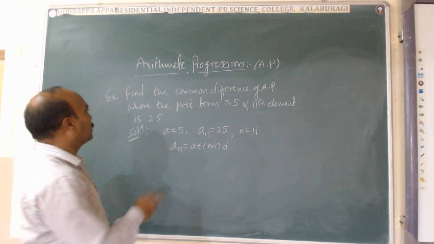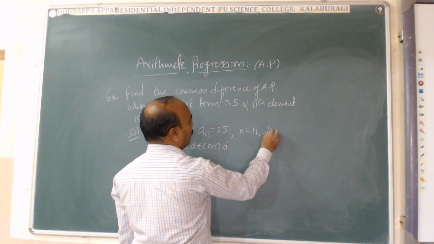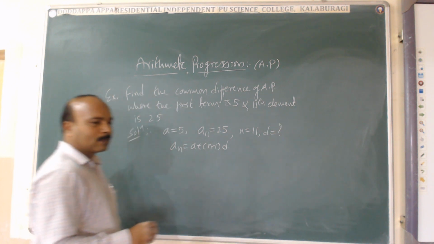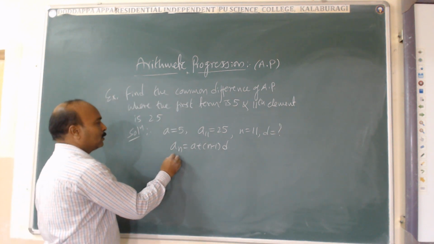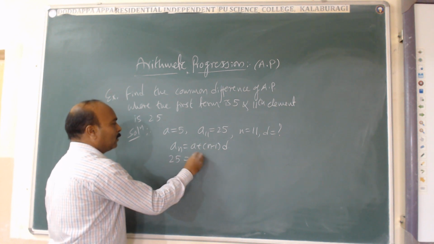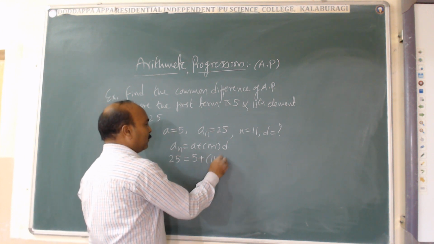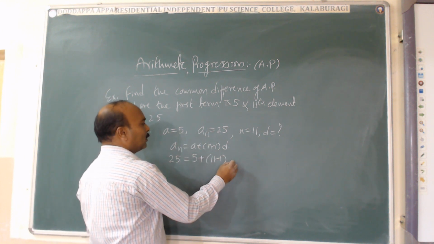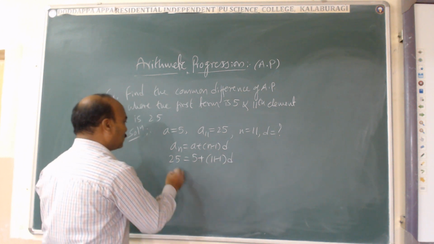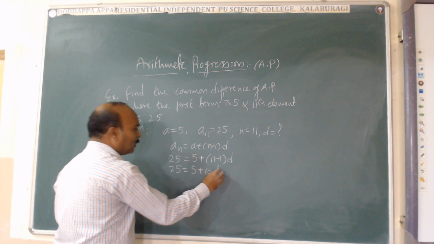Now here you are asked to find the common difference, means you find the d value, d equal to question mark. Now an is given 25, a is 5 plus n minus 1 means 11 minus 1, d you don't know, put as it is. 25 equal to 5 plus 10d you are getting.